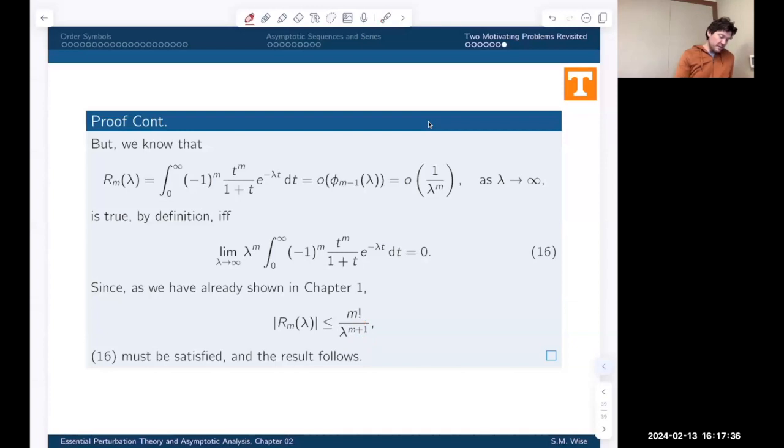So what we can therefore show is that this term here is less than, in absolute value, lambda to the m factorial over lambda to the m plus 1, for each m.